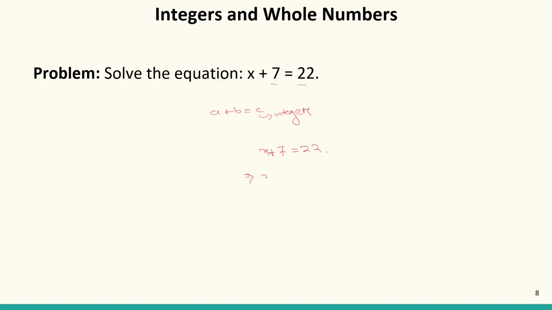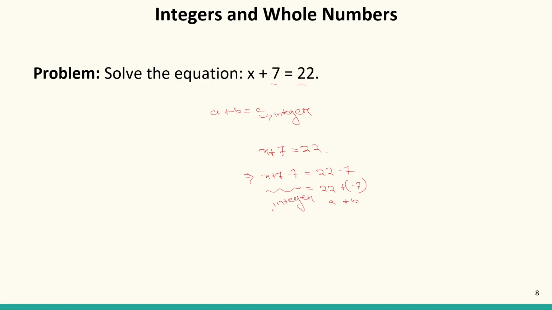This implies that x plus 7 minus 7 is equal to 22 minus 7. I can write this as 22 plus (-7), which is of the form a plus b, so this part must be an integer.